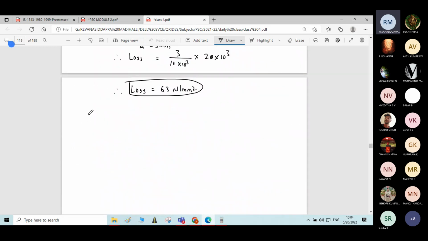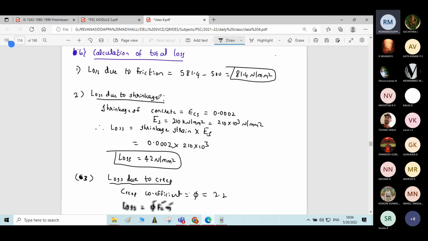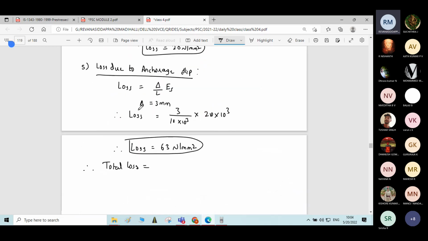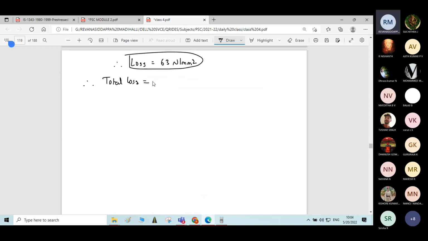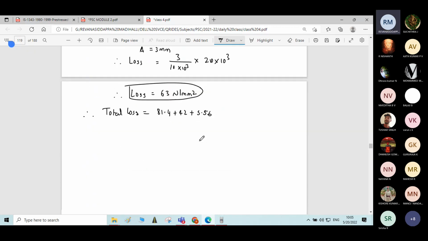Therefore, the total loss is equal to the sum of loss due to friction 81.4, plus 42 plus 5.56. Sorry, not 5.31, sorry.